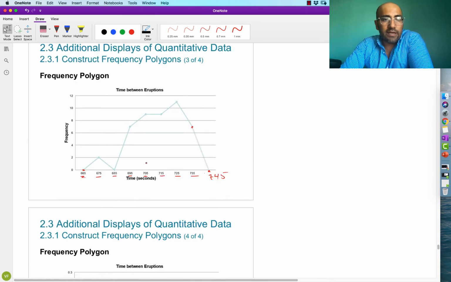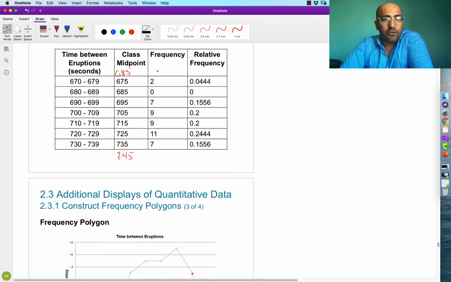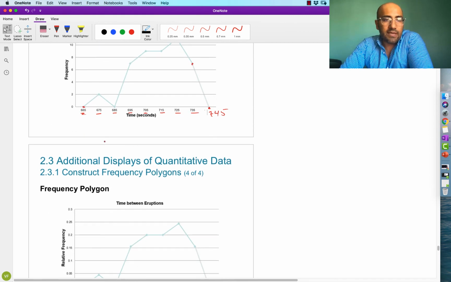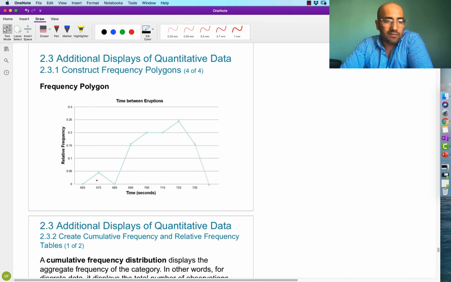So for the first class, go back over here, there were 2 values there. And then when we divided by the total, we got 0.044. So a little bit more than 4% of the time, we got a result that was in this class. Good. And so that means that this height here would go a little bit higher than 4%. So it's a little bit below that 5. Again, we're losing precision. That's often what happens with graphs.